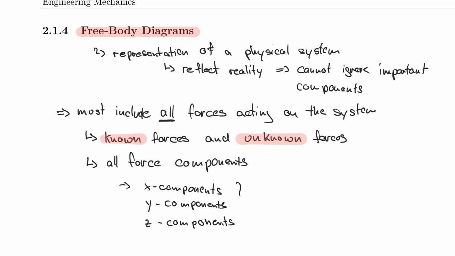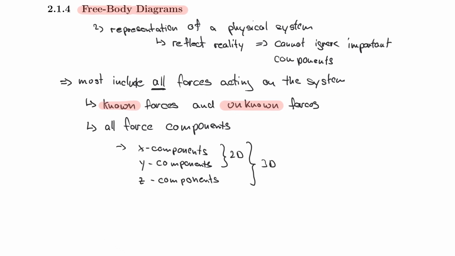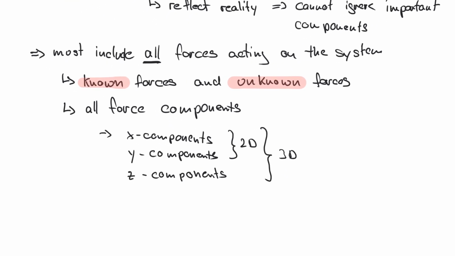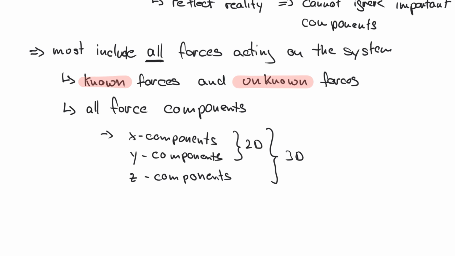In other words, we're talking about the 2D description here and the 3D description here. That is, of course, not a secret to you. But these components take us to the next important aspect of these free body diagrams, which is proper naming. All of these components and everything you put in a free body diagram has to be properly named.